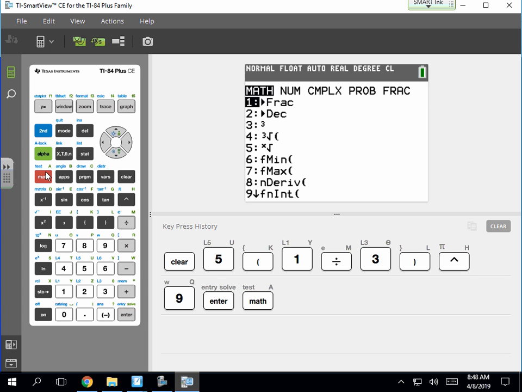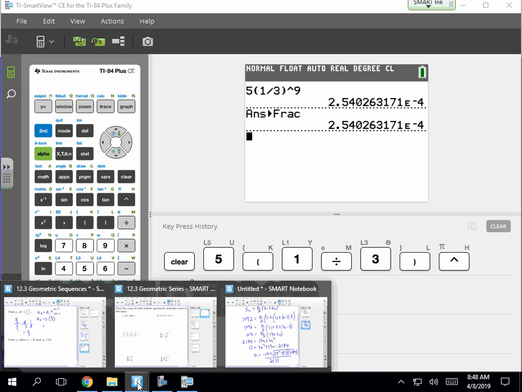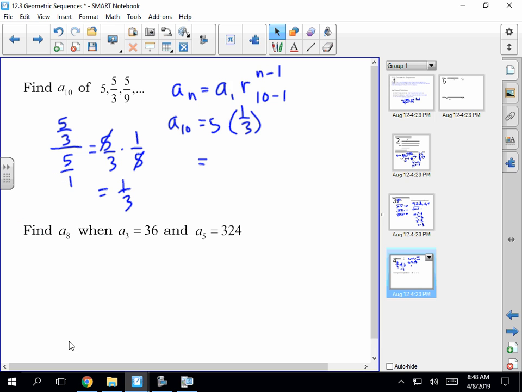If you hit math, oh, still not going to do it. Okay, so let's see how I wrote it down here. It's 5 over 19,683, it looks like.